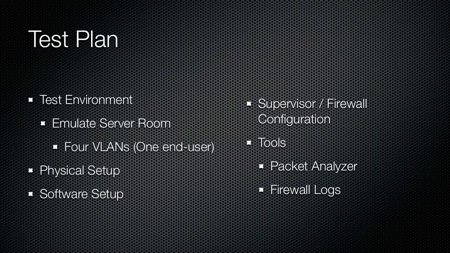Software setup includes the configuration of the blade supervisor, making sure that it's able to recognize and use the firewall, and then also the firewall configuration. This revolves around testing certain types of configurations of the firewall to make sure that it's usable and that all the functions work.